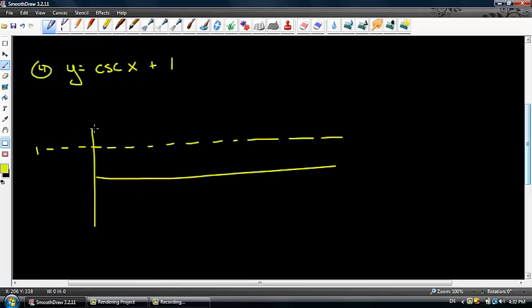So that's 1, which means that now it's going to have a maximum point of 2 and a minimum point of 0. Sine is going to behave like this at 2 pi, at pi, and then pi over 2, and at 3 pi over 2. Now, where this thing has asymptotes is where it equals 0. So where it crosses your new imaginary x-axis is going to be where you have your asymptotes.